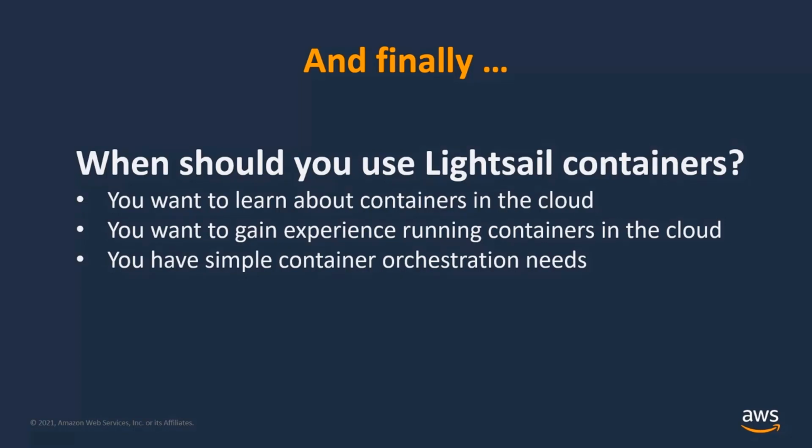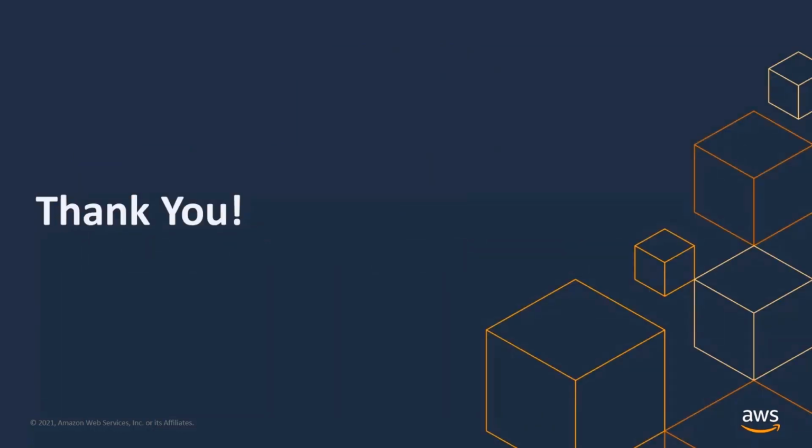Also, if you have advanced networking needs or you need access to security controls, then you should choose EKS or ECS or one of the other services. Or finally, if you need more granular access to the underlying resources, then those other services are a better fit for your application.